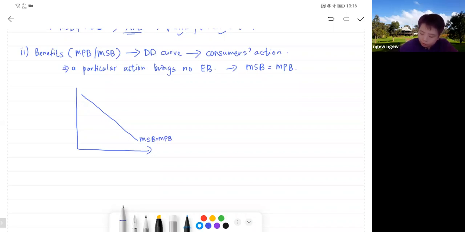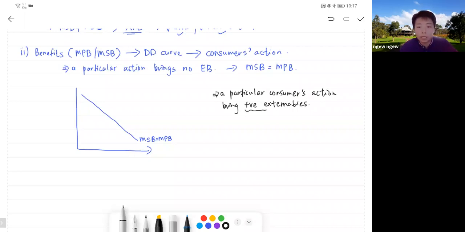However, if I mention that a particular consumer's action brings positive externality, meaning that other than the consumer enjoying private benefit, they also bring something positive to the society, then from here we can tell that the MSB is greater than MPB.